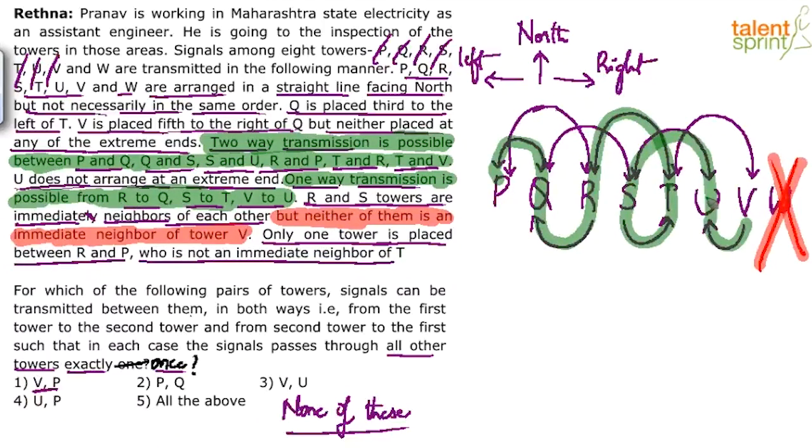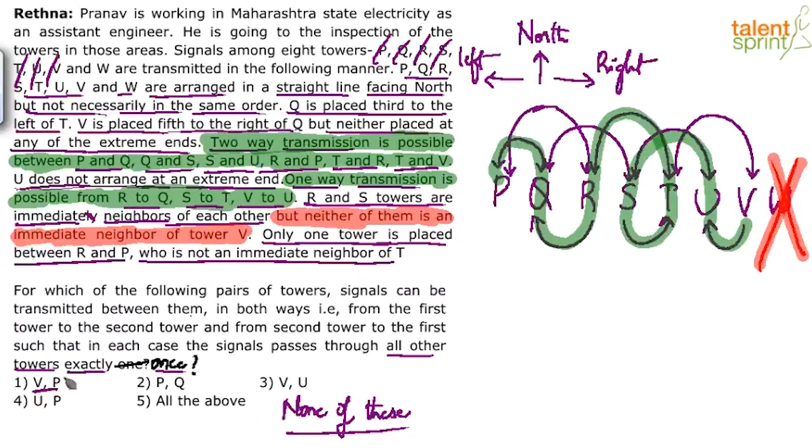No way has the signal passed through the same tower twice. So V to P is possible.